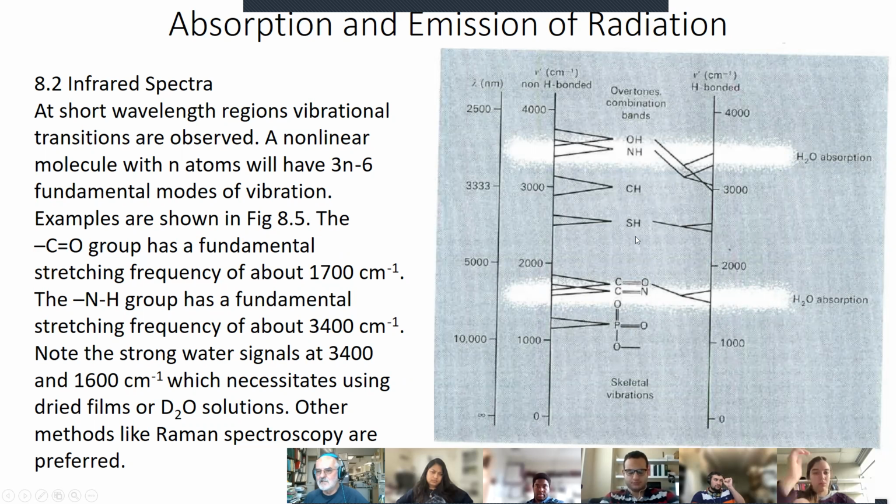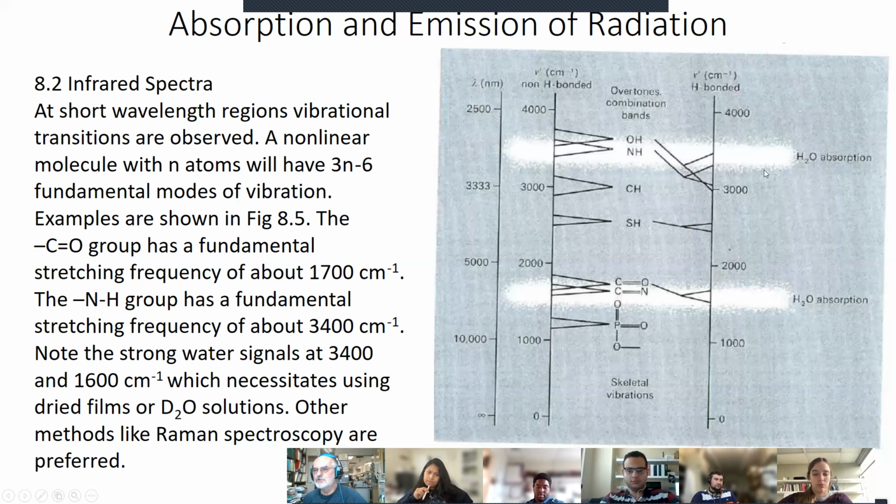Oh, and notice they're replotting these for hydrogen bonding and non-hydrogen bonding. So there are transitions that occur. And so this is the value of infrared, that it tells you something about the environment. It tells you if it's involved in a hydrogen bond, and you'll have shifts in the hydrogen bond depending upon the interactions that it's undergoing in the molecule. I think I say this down below, but notice these big white stripes.